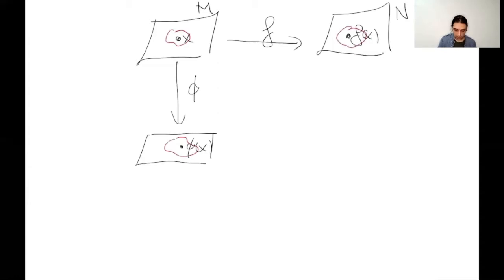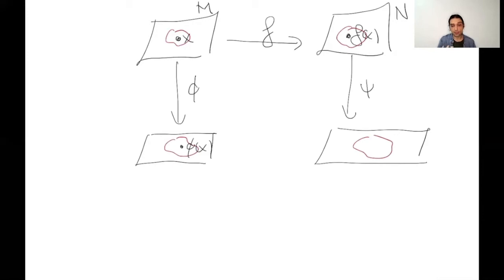Let's call it psi. And in that way, we are going to get to R^n. The n is the same for the two manifolds because these two manifolds have the same dimension. So here we have the point psi of f of x.